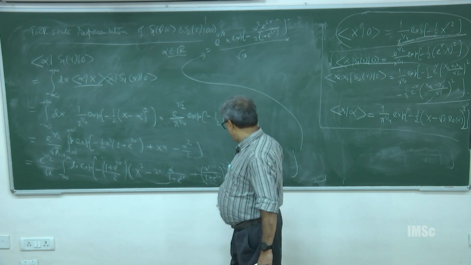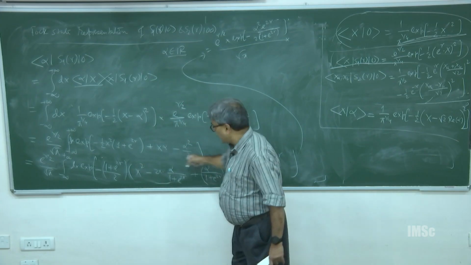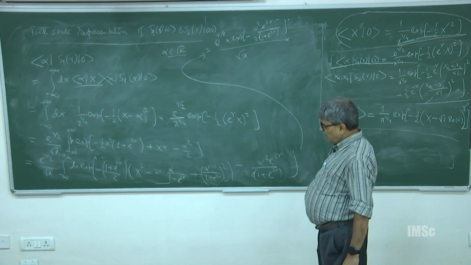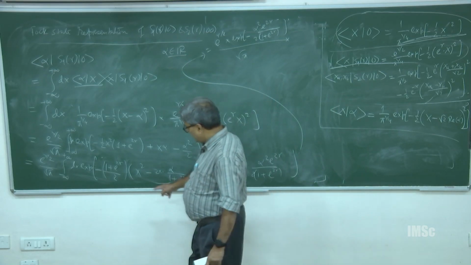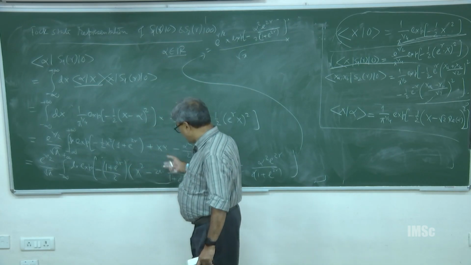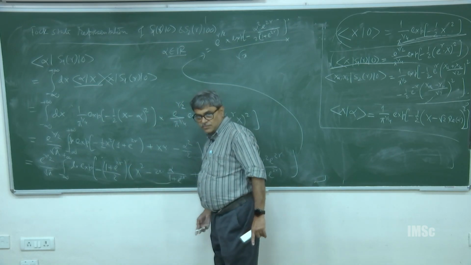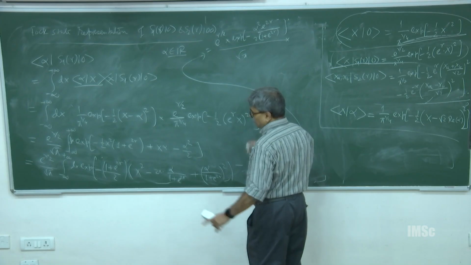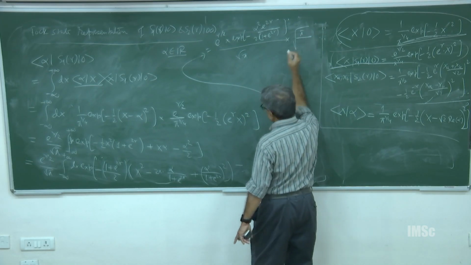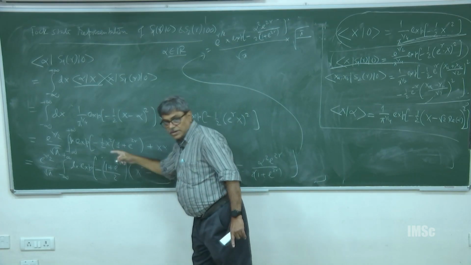Now, this is exact square, right? So, what will be this? This is basically minus, let us say, beta times some square of x. Okay. So, you can verify, I think it is pi by this quantity.